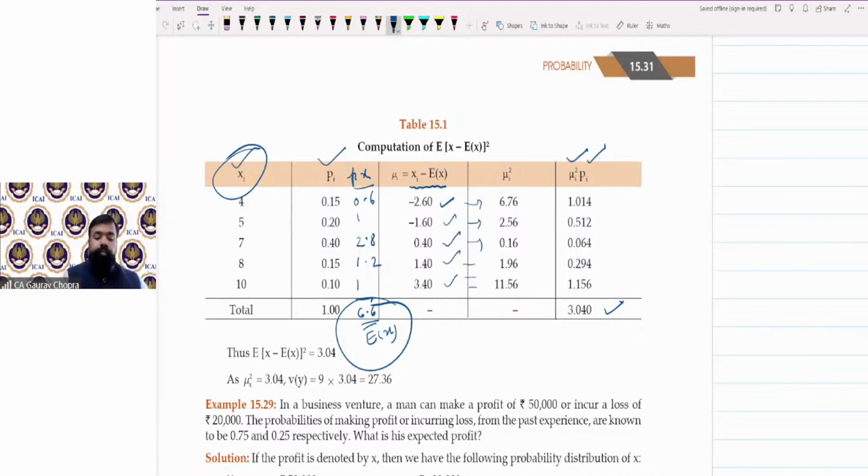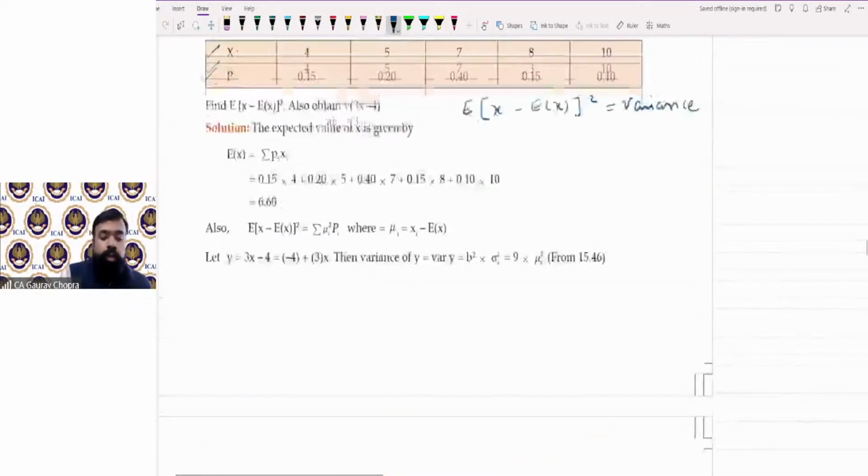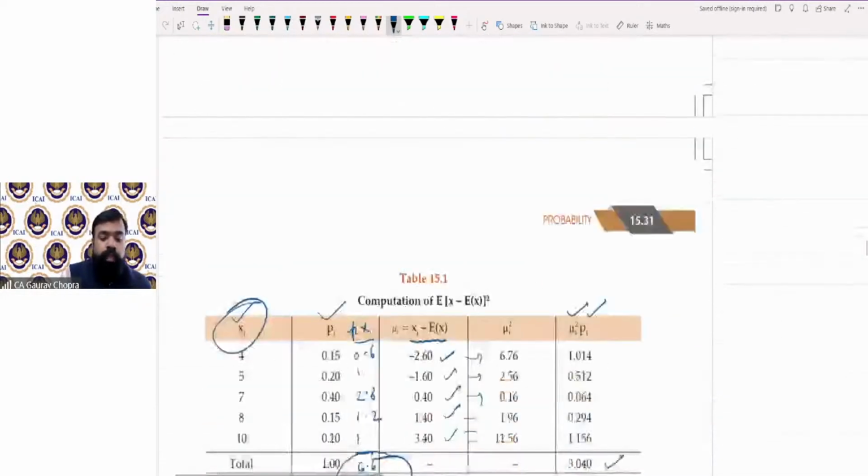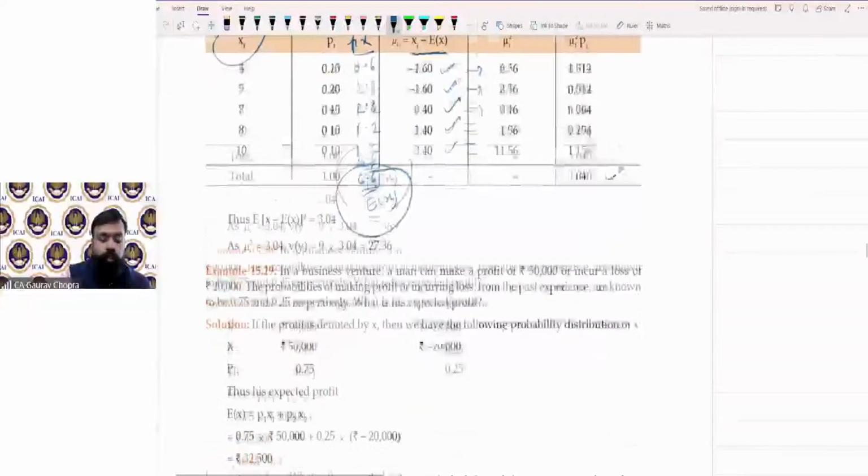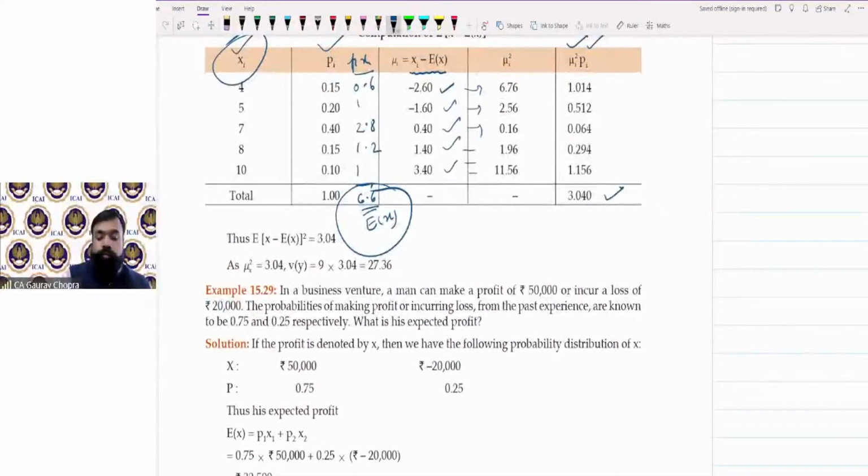And also we require variance of 3x minus 4. It can be done using the variance which we have calculated here. So 3 multiplied by 3.04.